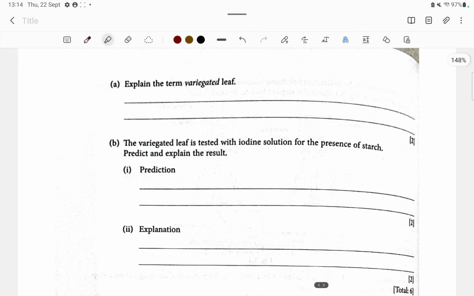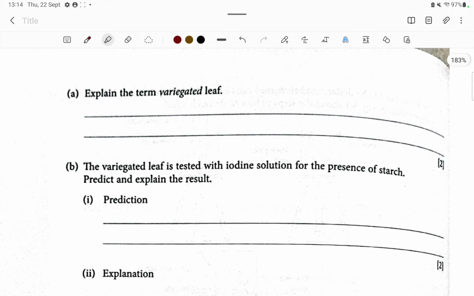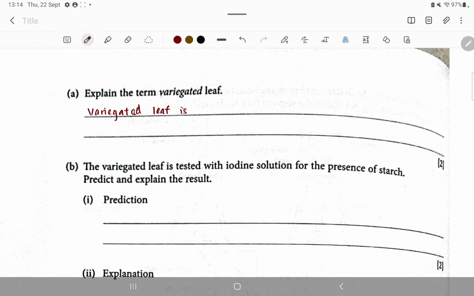Okay, explain the term variegated leaf. Oh, sorry, the other part is always white. So write down the term first, and then only you write down the definition.